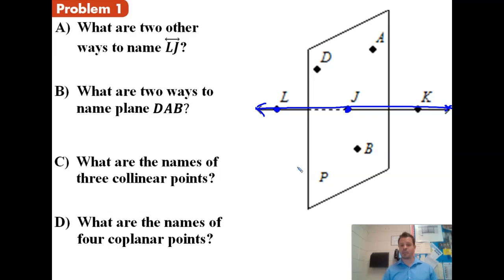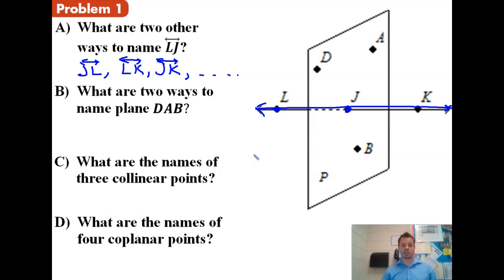Now, other ways to name it. Number 1, right off the bat, I don't even need the picture. I can just flip the order of the letters around. Instead of LJ, we could say JL. Or since I have more points, I have the point K, I can mix that in here. We could say line LK, or line JK. Or there's a bunch of other ways to do it.